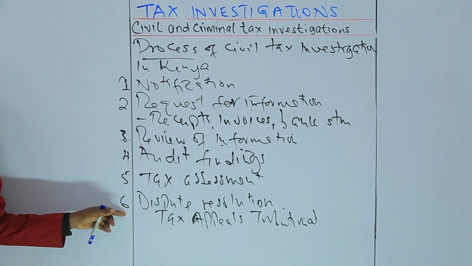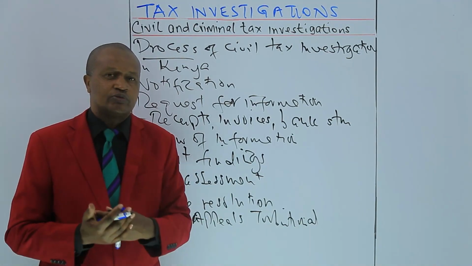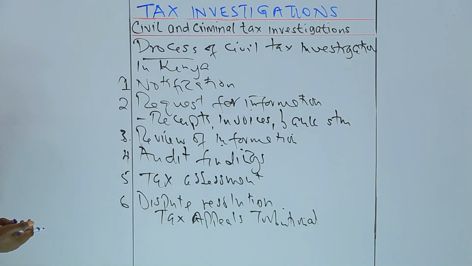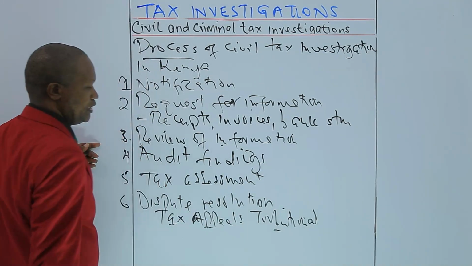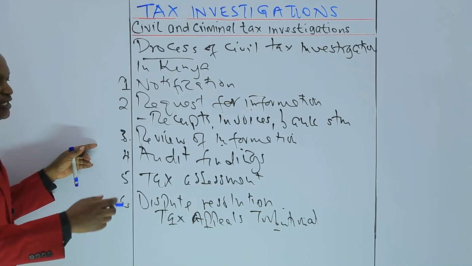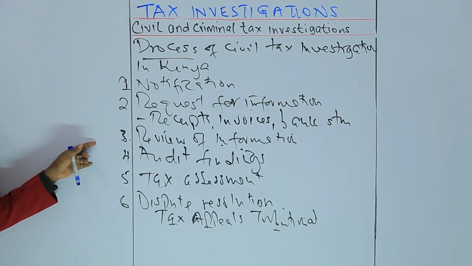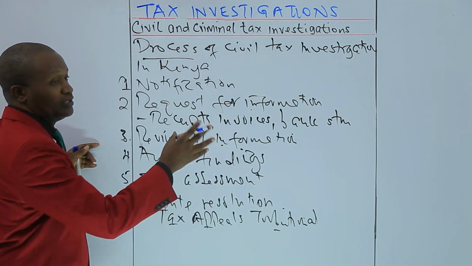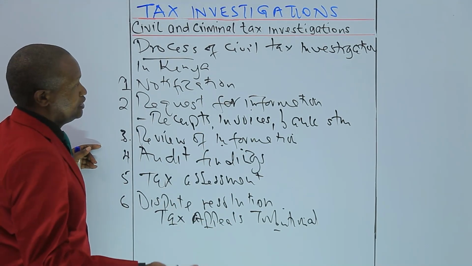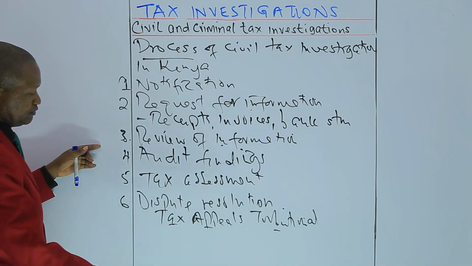Now, the tribunal will then review the case and make a decision. This tax tribunal will hear the case and then make a decision. And this we've stipulated clearly in our other topic related to dispute resolutions.